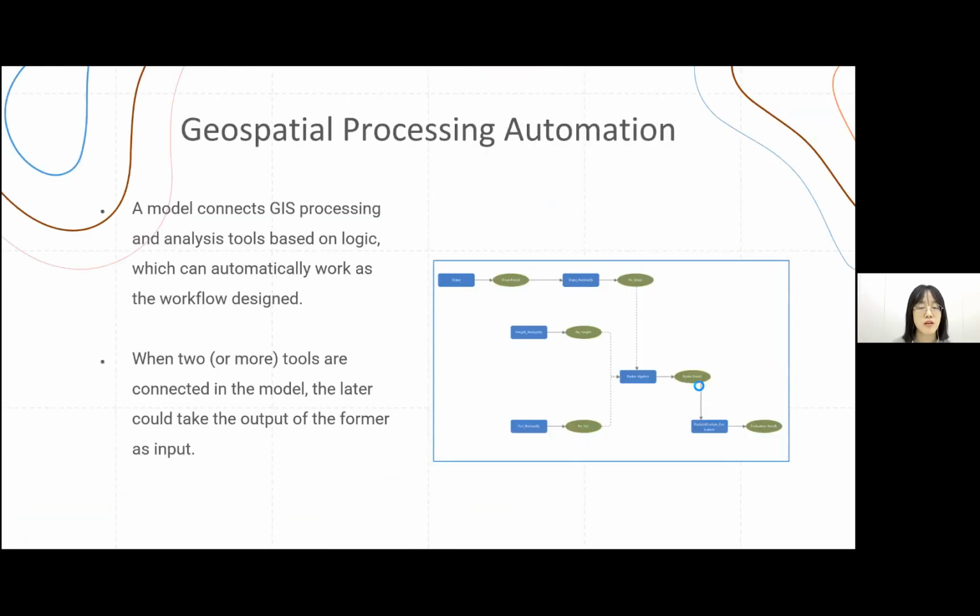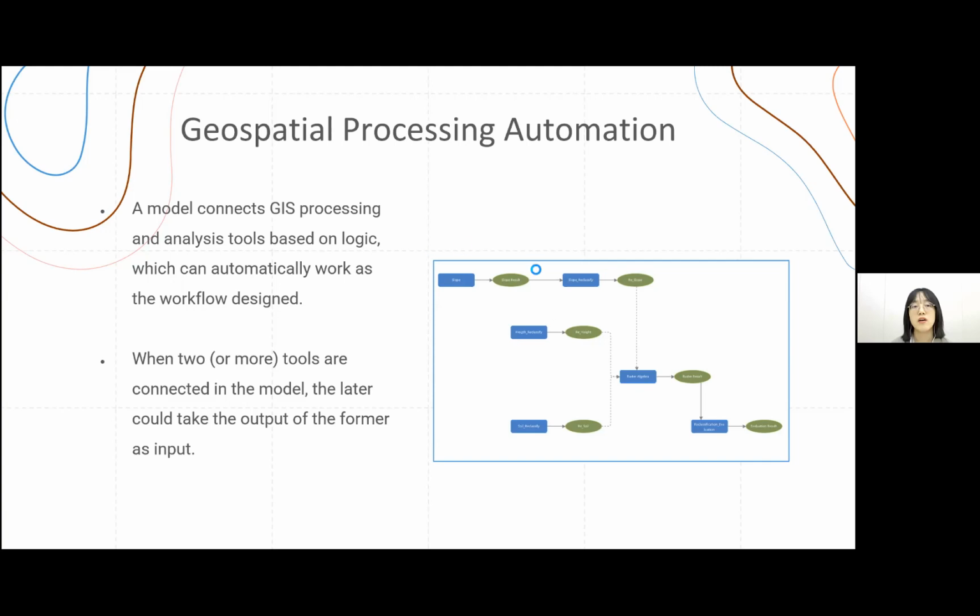Here on the right, we have an illustration of a geoprocessing automation model. This is a model that connects our GIS processing and analysis tools together based on our workflow logic, so that once you have created it, it can automatically execute and produce the final result you want.